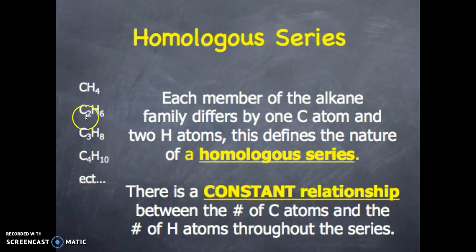Propane differs from ethane by 1 carbon, 2 to 3, and 2 hydrogens. Since each member of the series changes by 1 carbon and 2 hydrogens, it's changing by a constant amount. We call this a homologous series. So table Q is all about homologous series because each of the series, alkanes, alkenes, and alkynes, are going to differ from each other by carbon and hydrogens that are going to change in a constant amount.